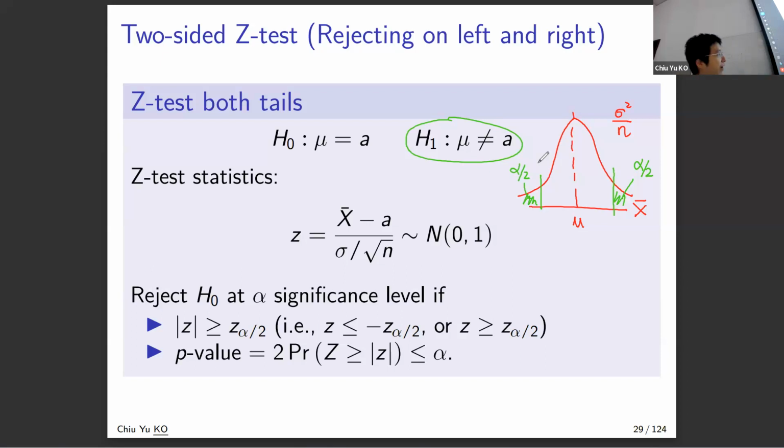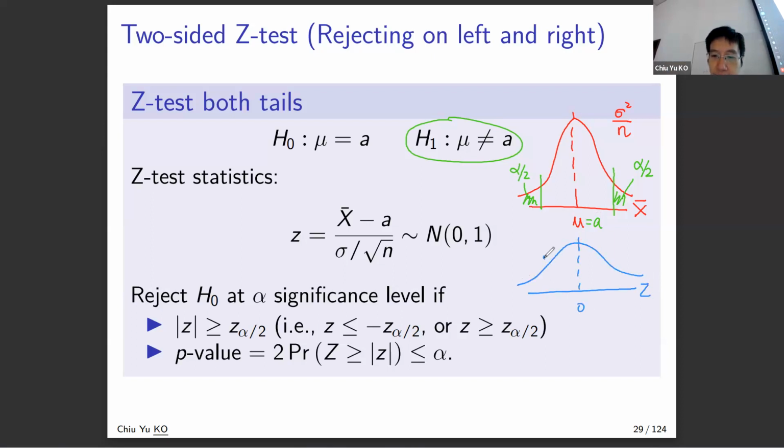So this is what you're going to do. That means that if the value falls within this green region, then you say it's too much different from A, the mu. Is that clear? What we actually do is again to convert this to the Z, which has mean 0 here.